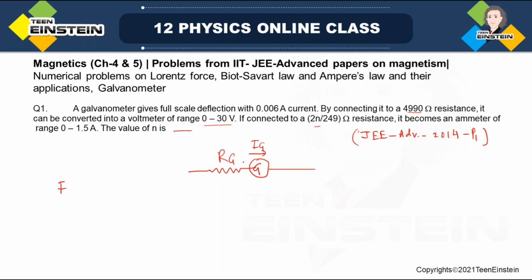See here, neither RG nor IG is given. IG is not told in a straightforward way, that the galvanometer current is IG, and RG is not given at all. So these two parameters we have to calculate first if we want to convert a galvanometer into a voltmeter or an ammeter.